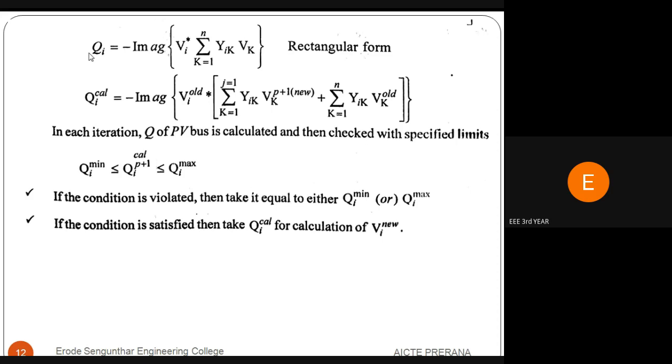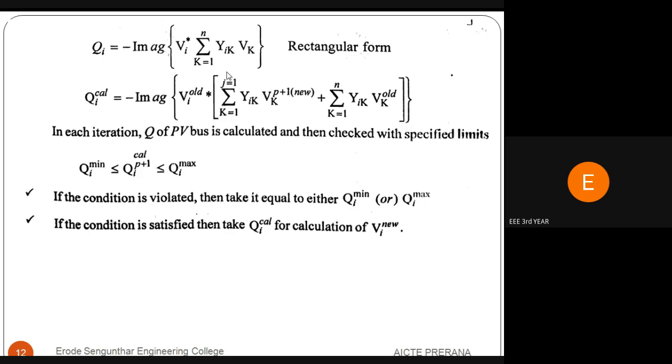That is, Q_i can be rearranged in rectangular form. We can write it as Q_i equal to minus the imaginary part of V_i conjugate times the summation of k equal to 1 to N Y_ik V_k. That is, Q_i calculated is equal to minus the imaginary part of V_i old conjugate times [summation of k equal to 1 to i−1 Y_ik V_k^(p+1) new plus summation of k equal to i to N Y_ik V_k old].